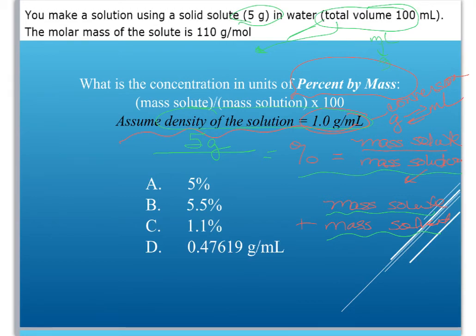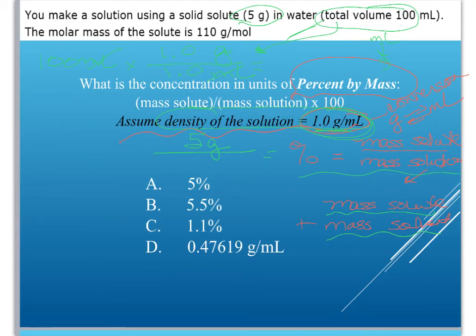So let me show you how to do that. If we have 100 milliliters of the entire solution, and we know that the density of the solution is 1 gram per 1 milliliter, milliliters has to go in the denominator so that it cancels. And this density value tells us it's 1 to 1. So we have exactly 1 milliliter for every 1 gram.